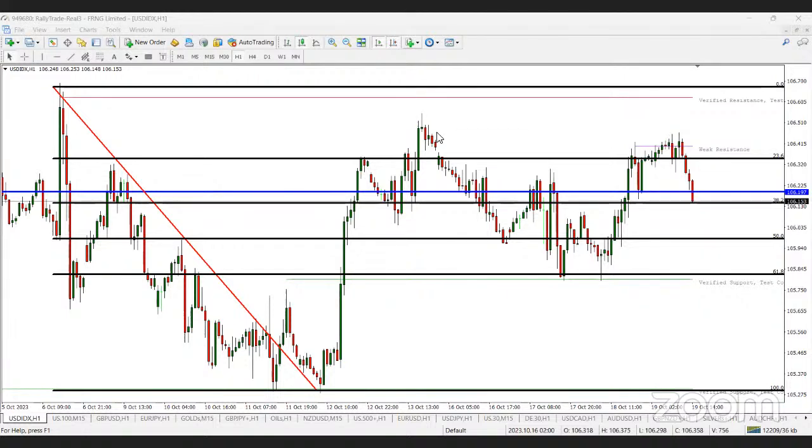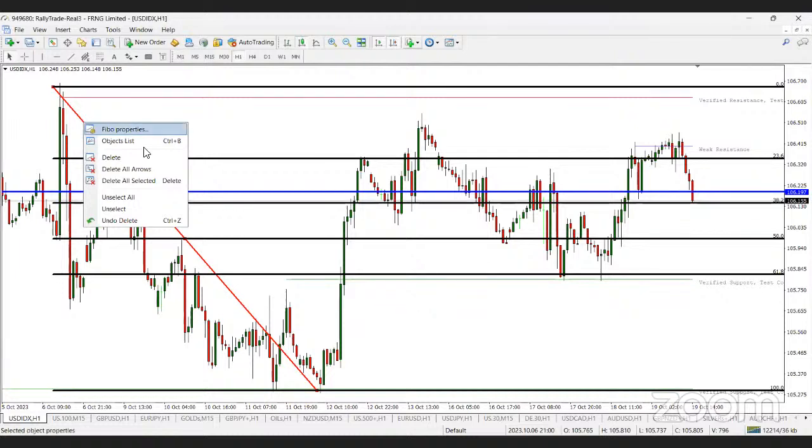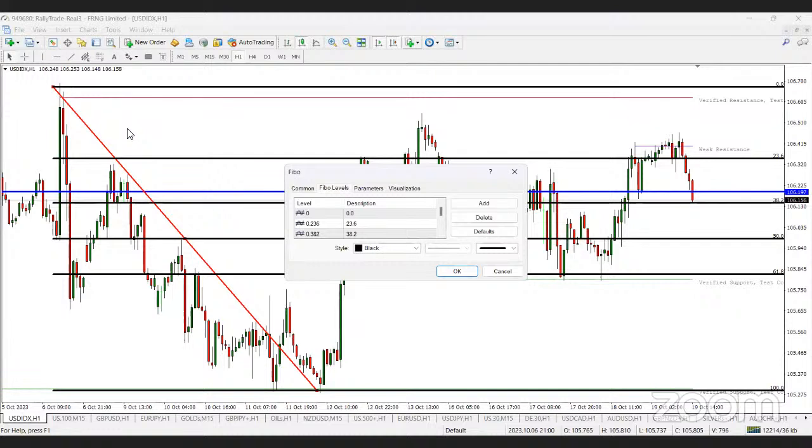Okay, so to do that, just double click here on this horizontal line, then right click. Once you right click, you will see Fibo properties. Select it. Under Fibo properties, you can see the color here, style black. I think this is under Fibo levels. These Fibo levels are this 23.6, 38.2, 50, 61.8 and all that. It is already marked as black.